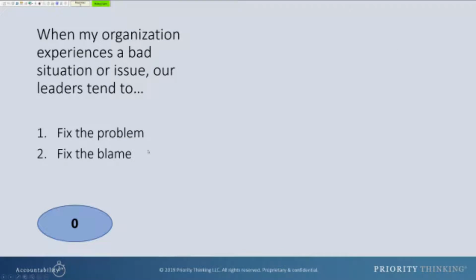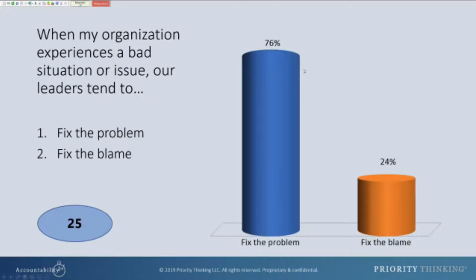All right, next question. When my organization experiences a bad situation or issue, our leaders tend to, 1, fix the problem, 2, fix the blame. Okay, 1 for fix the problem, 2 for fix the blame. Okay, very good.